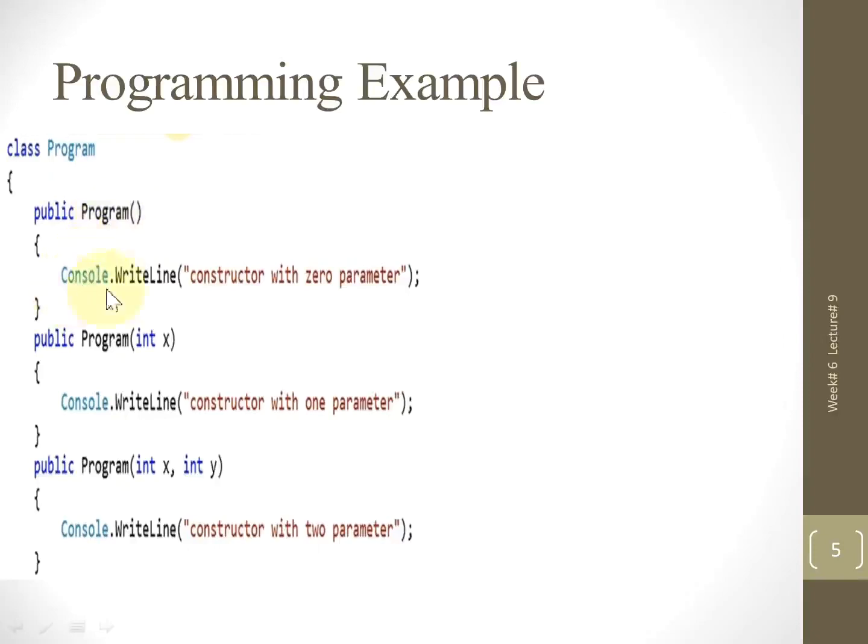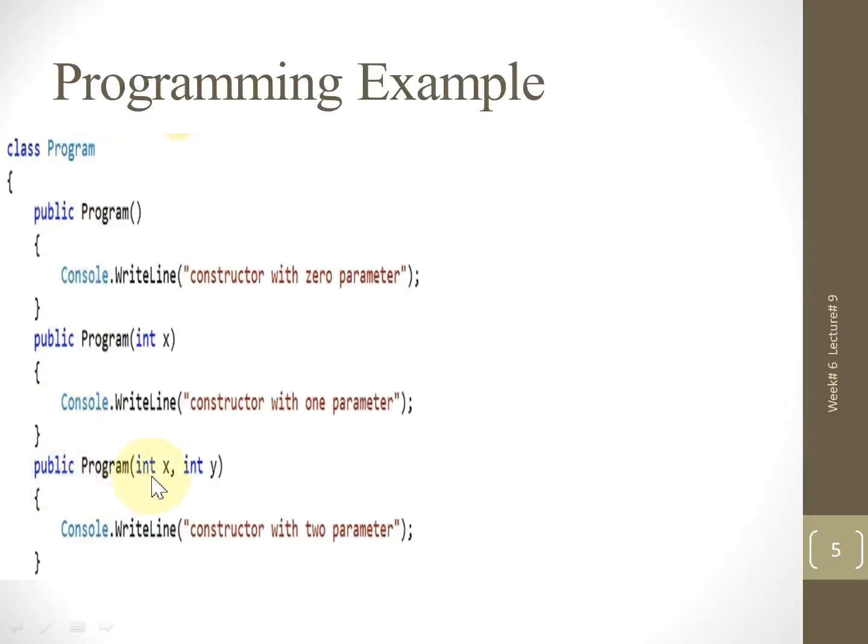Within this constructor function, we have just printed a simple message: constructor with 0 parameter. Within the second constructor function, we are now receiving one argument of integer type, and again we print a simple message: constructor with 1 parameter. Within the third constructor function, again the name is the same, with no return type in all three constructor functions, but they receive different arguments.